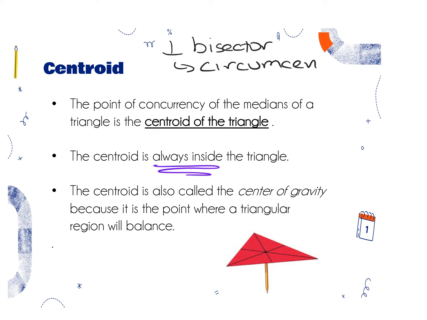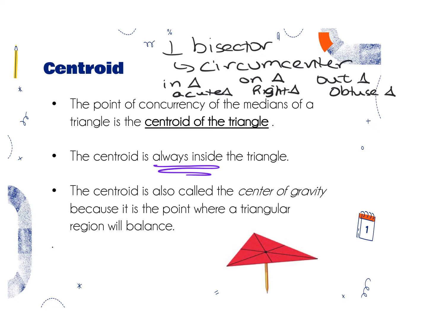And remember, the circumcenter could either be located in the triangle when it's acute, on the triangle when it's a right triangle, or outside the triangle when you have an obtuse triangle.